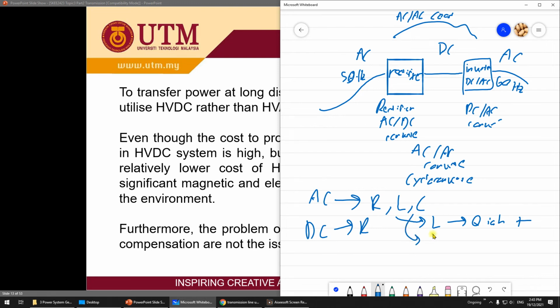You have to put in C, negative Q, to compensate, and make sure the PF is near to 1.